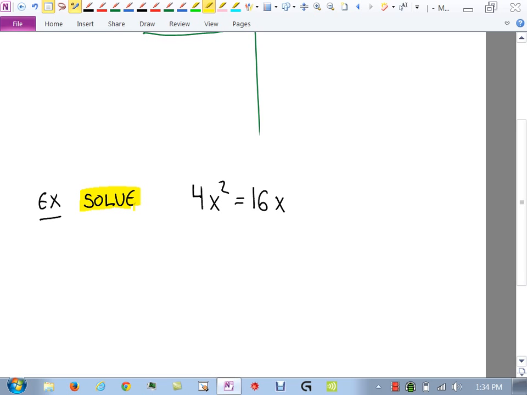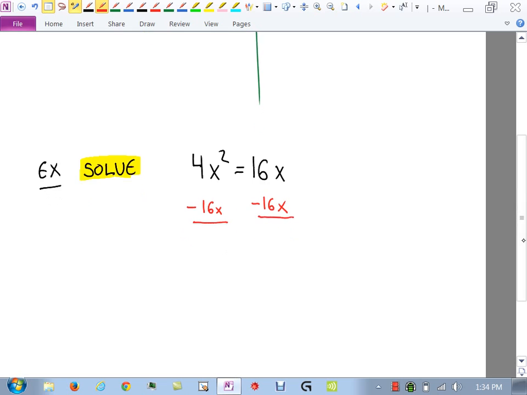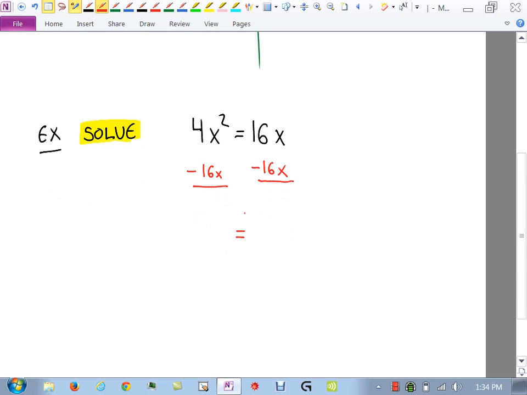So I'm going to subtract 16x here. Whatever I do to the left side, I must do to the right side. Now, what happens on the right-hand side of this equation? It all cancels and you're left with 0. You're left with nothing. 16x take away 16x is nothing. So there's your 0 for the zero factor property.